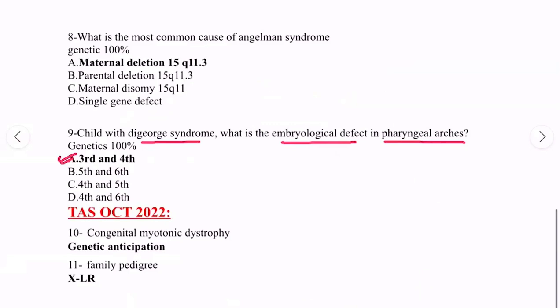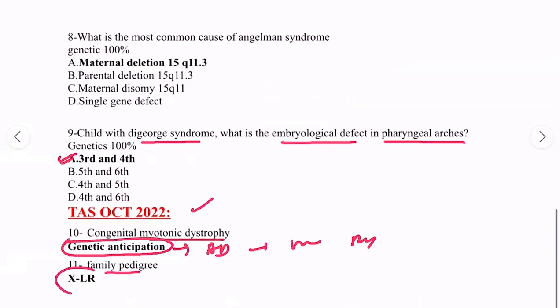The next question, congenital myotonic dystrophy. Now see here, they may ask you whether this is genetic anticipation, autosomal dominant, or triple nucleotide repeat. These are three ways of asking about congenital myotonic dystrophy.